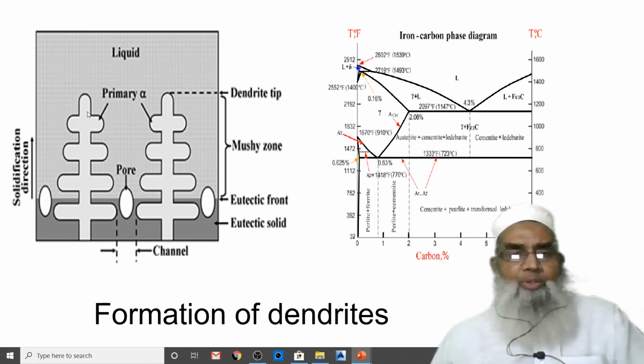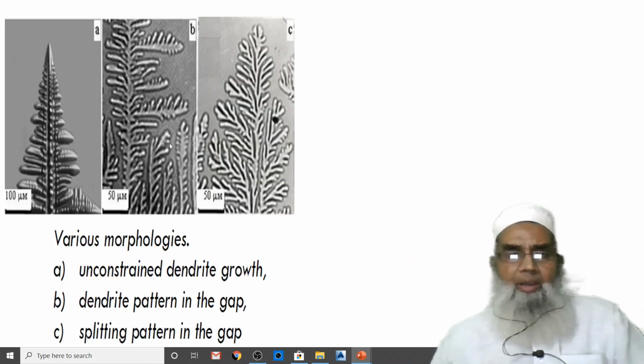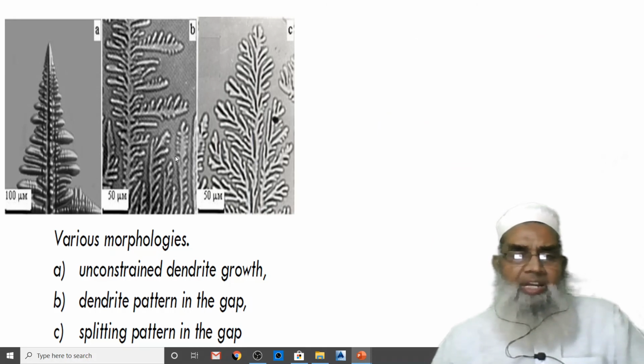Now they grow and stick, and similarly at this corner and that corner, they give a dendritic structure. Now there are different types of morphologies, this type or that type, depending upon the material, being of course controlled by the ingredients of the alloy, and the temperature gradient, which we will describe.